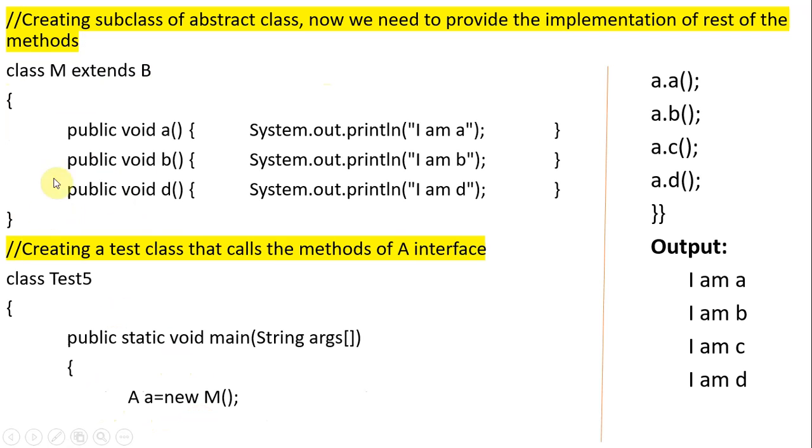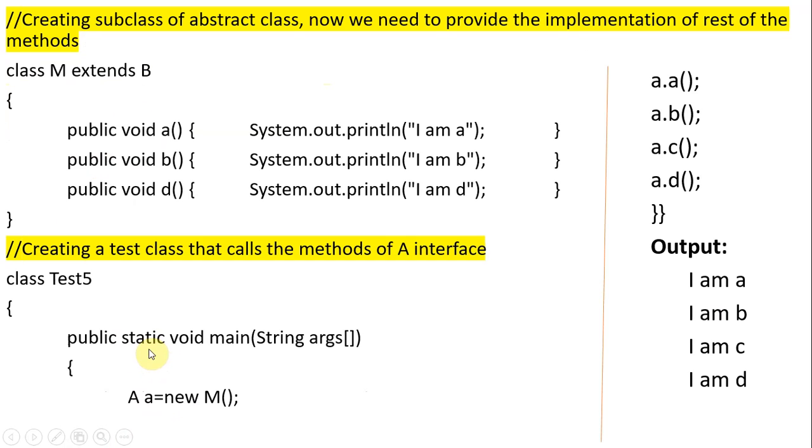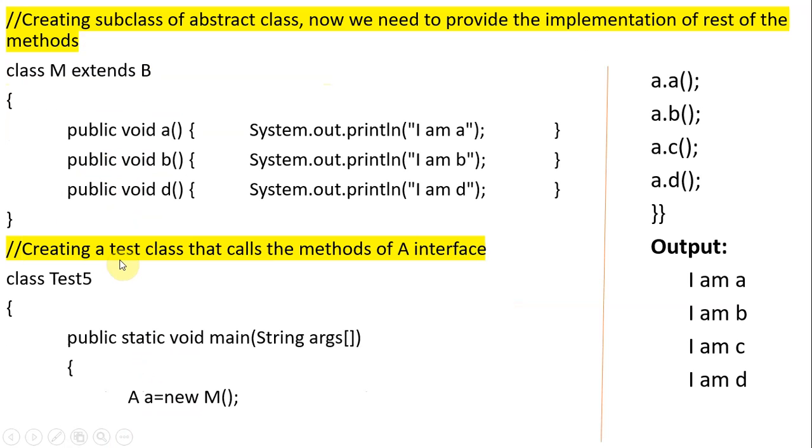Now we can create a class that extends B. So inheritance is also presented. This is an interface, this is an abstract class, and this abstract class is extended by another class. There we implement the remaining 3 methods. We completed the C implementation, right? The remaining are A, B, D, and we implemented those.